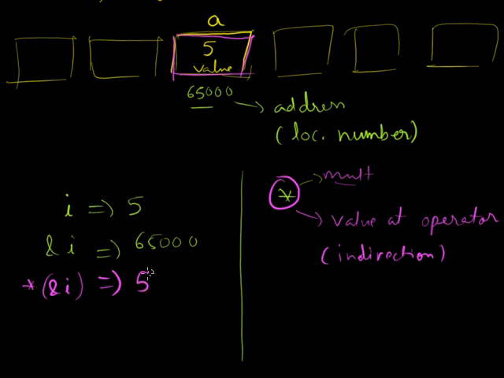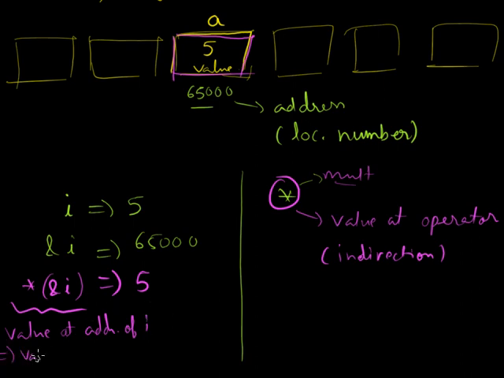We would get 5. If you don't understand this, let us put it this way. This star means value at, and the ampersand means address of. So this is value at address of i.